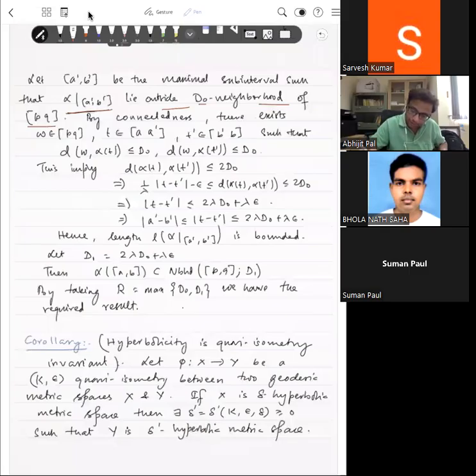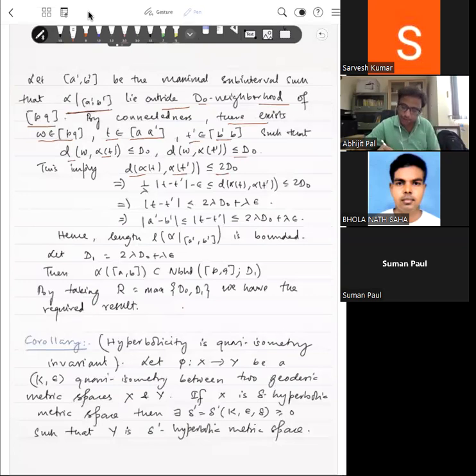By a connectedness argument, you can prove that there exists a point W in the geodesic joining PQ, T in this interval A to A prime, and T prime belonging to this interval B prime to B, such that the distance of W to alpha T is at most D naught, and the distance of W to alpha T prime is at most D naught. So from here, the distance between alpha T and alpha T prime is at most 2 D naught.